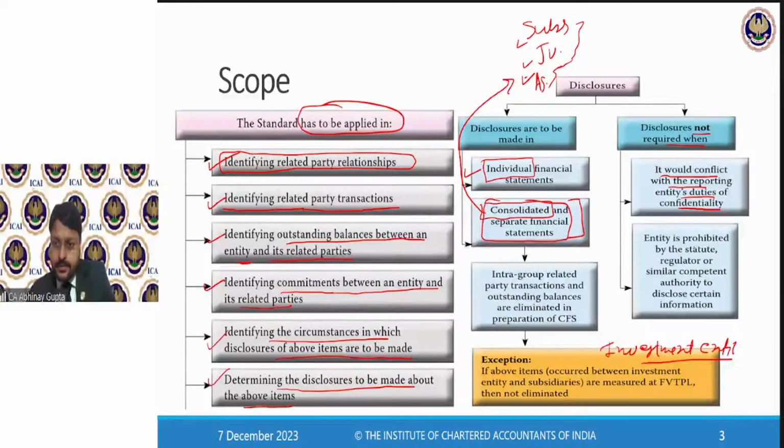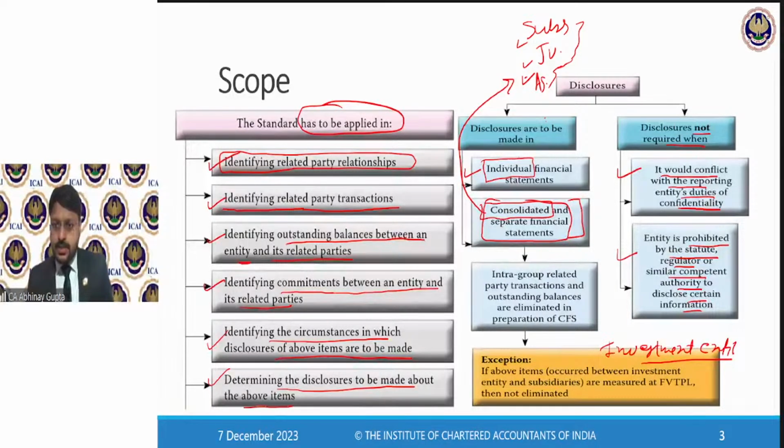Now, the entity is prohibited. So this is one scenario where disclosure can be skipped. This is another scenario: the entity is prohibited by the statute, regulator, or similar competent authority to disclose certain information. So if there is any law or any sort of regulatory guidance issued to any entity not to disclose a particular set of transactions, or not to disclose the transactions with a particular entity, then that can also be skipped, because Ind AS cannot overrule the existing law in the country, right?